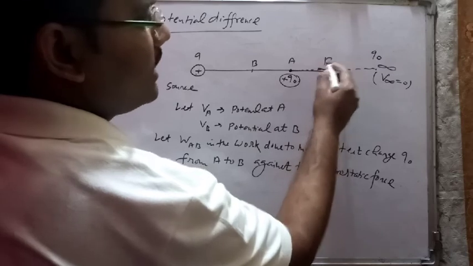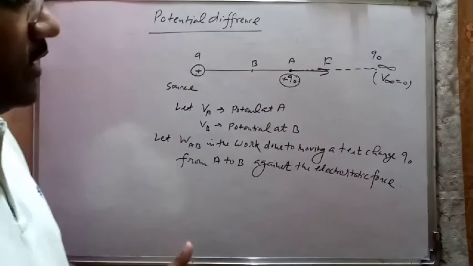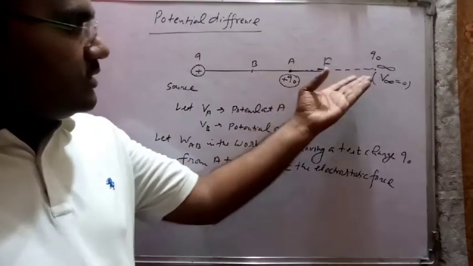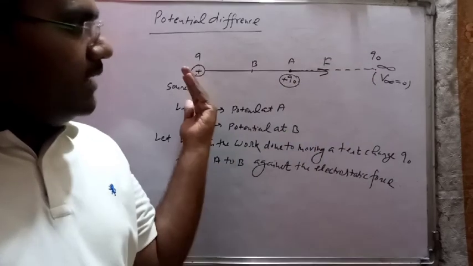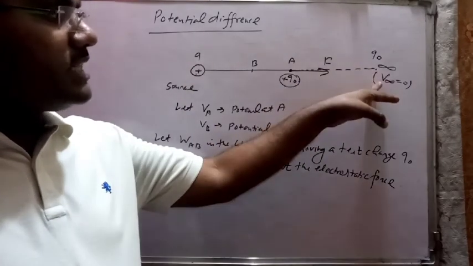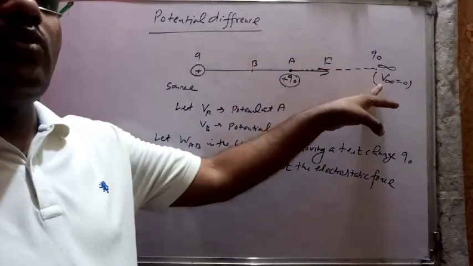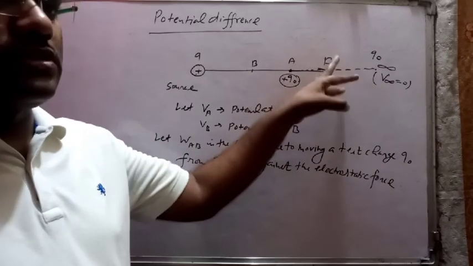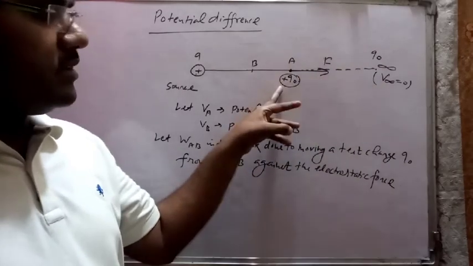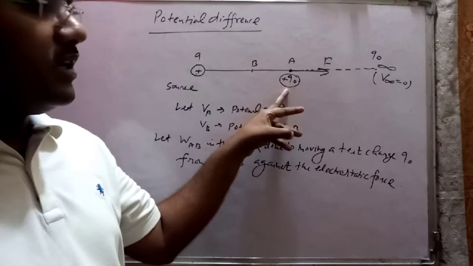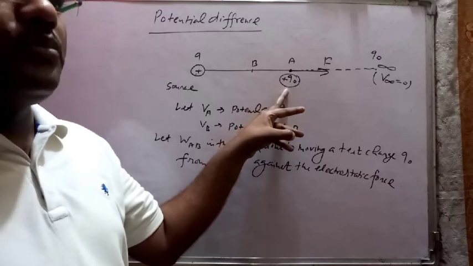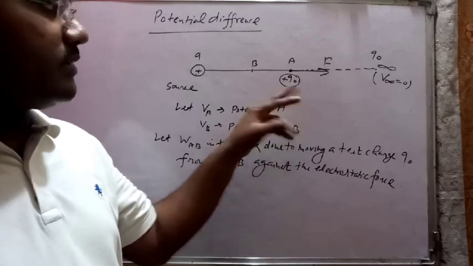There is an electrostatic force. That means the charge comes from the left side and the force is on the right side. Hence we have to do work against this force. This work is stored in the form of electrostatic potential energy.